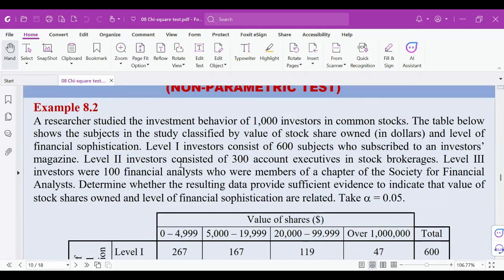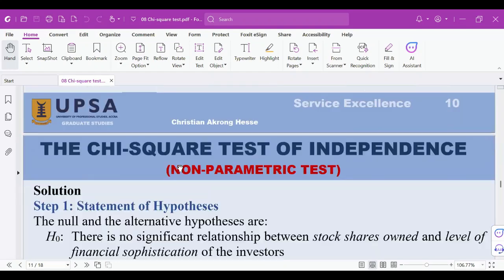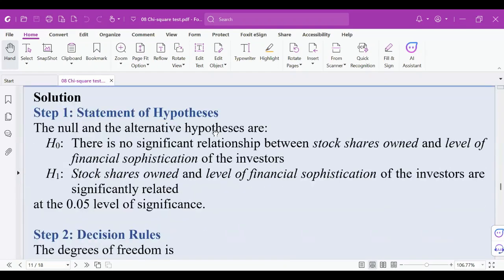So this question also has been solved. First, you write the two hypotheses. H0 says that there's no significant relation between stock shares owned and level of financial sophistication of investors. When you read the question, you understand.